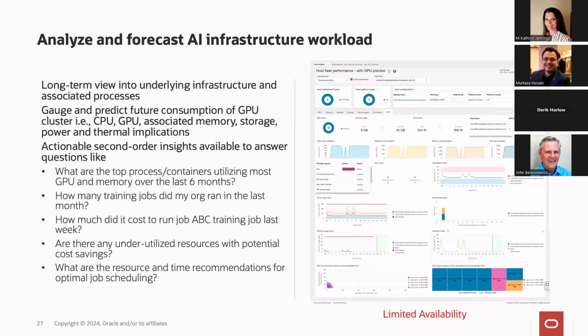Some of the key use cases that we are targeting in utilizing this capability within Ops Insight is looking at the top processes and containers utilizing the most GPU memory over the last 6 months.